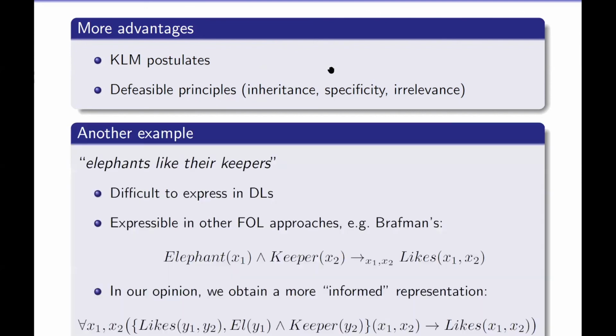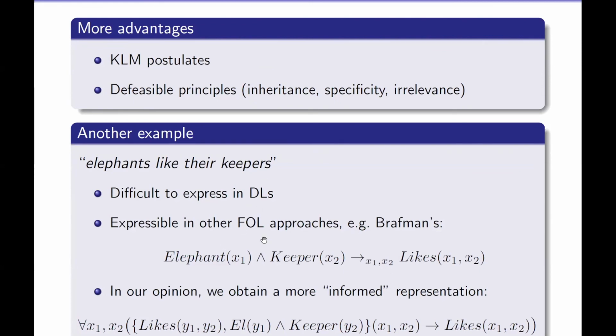Finally, let me say that the full first order setting of our framework will always be more expressive than any DL fragment, since there are examples like this one, elephants like their keepers, that are not expressible in description logics.